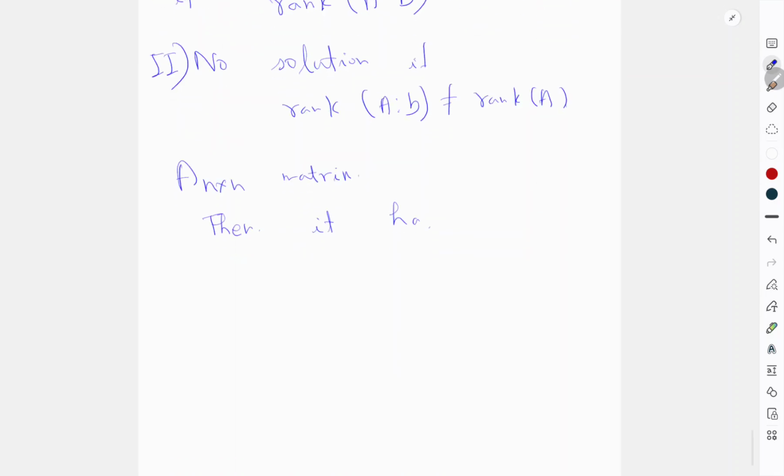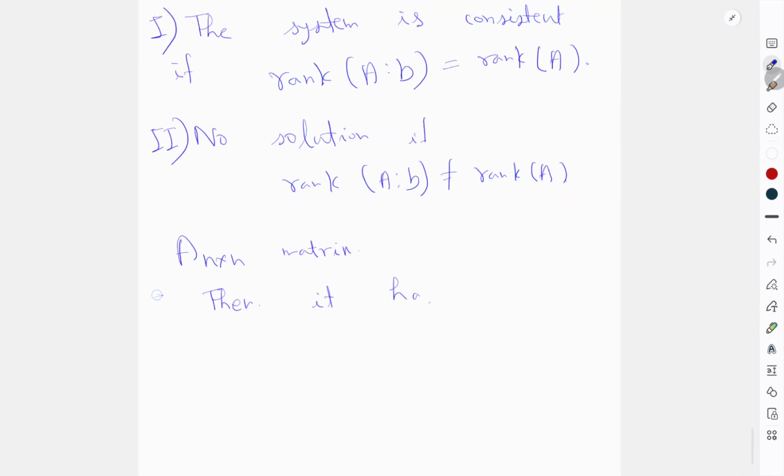Now in case 1, the system is consistent, and under that, case 1A, it has a unique solution if the rank of AB equals the rank of A equals n.